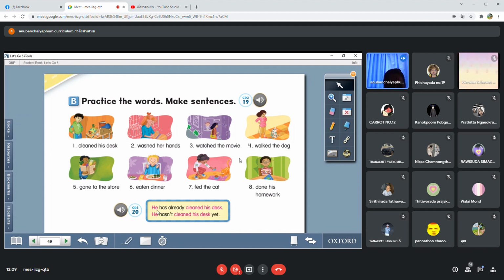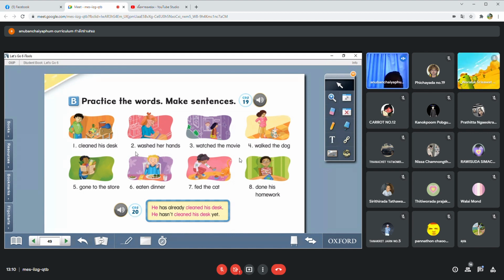Look at the example. He, your subject, plus has, your perfect tense, and added the time expression already, and then the past participle cleaned, and then his desk. So he has already cleaned his desk. Now for the time expression yet, we can make a sentence this way. Negative. He hasn't cleaned his desk yet.